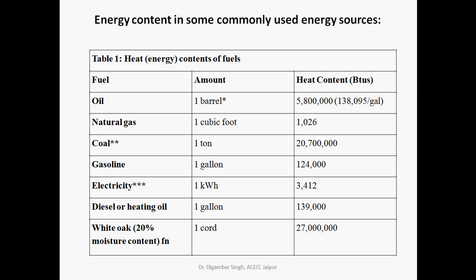For natural gas, 1 cubic foot is equal to 1026 BTUs, where BTU means British thermal unit. For gasoline, 1 gallon is equal to 1,424,000. And for electricity, 1 kilowatt hour is equal to 3412 British thermal units.